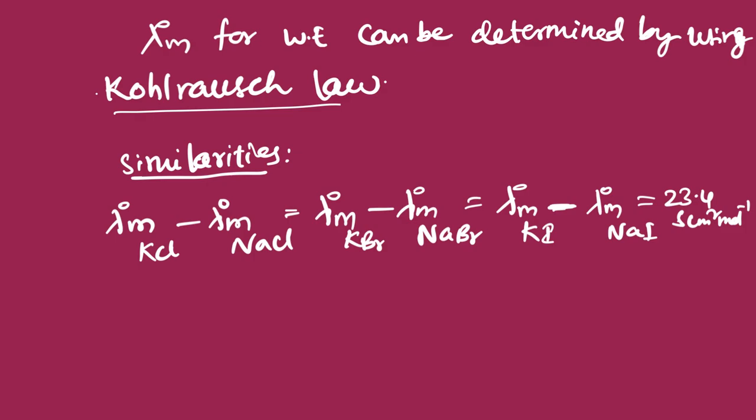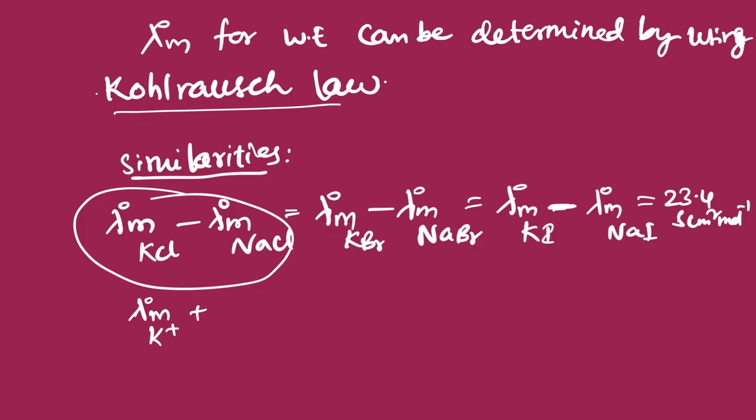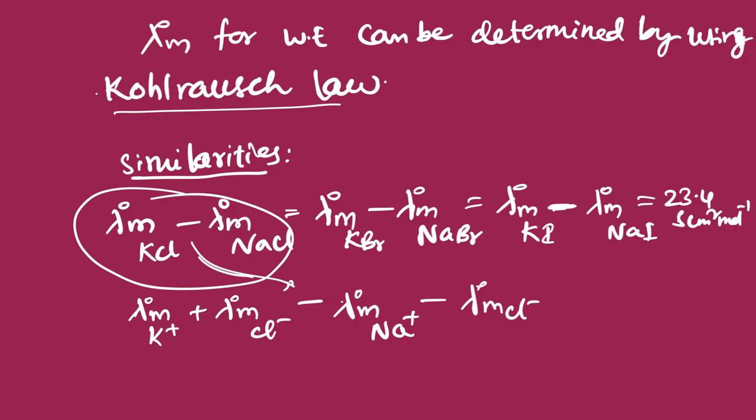How is this value determined? For example, I will take this one compound, lambda naught m KCl, which ionizes into K plus and Cl minus, and minus lambda naught m Na plus and Cl minus. Now the Cl minus cancels. What is left?